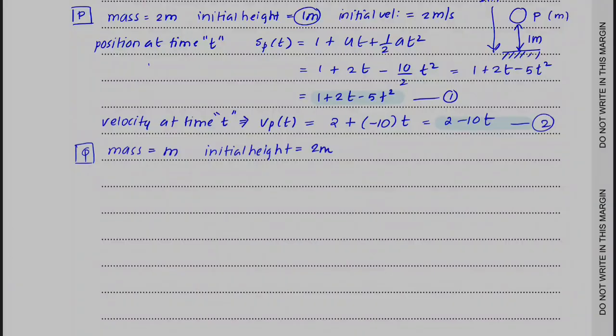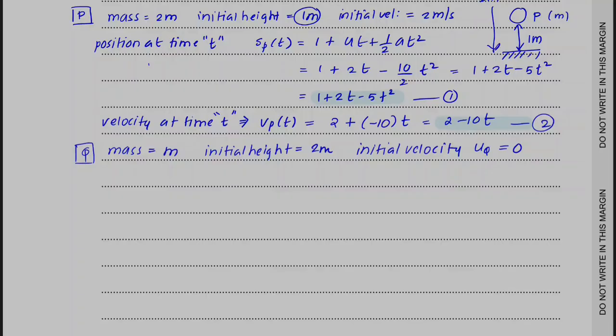For height, m stands for meter, its unit. It's 2 meters. And regarding the initial velocity, let it be uq, which is equal to 0. We know it is at rest.